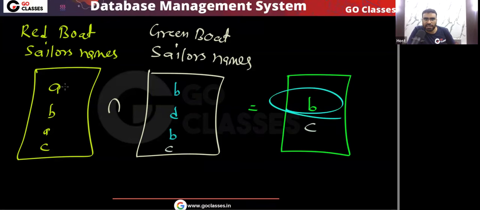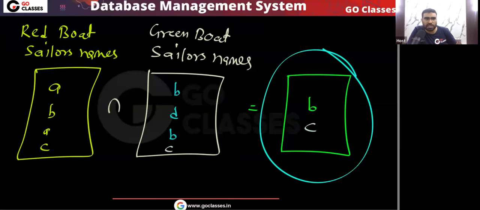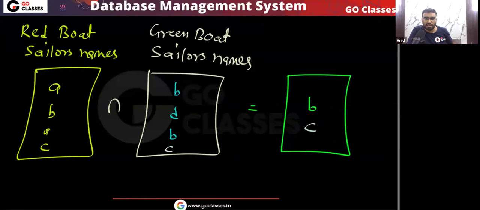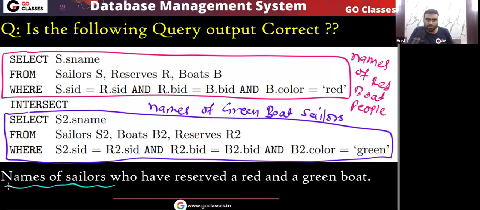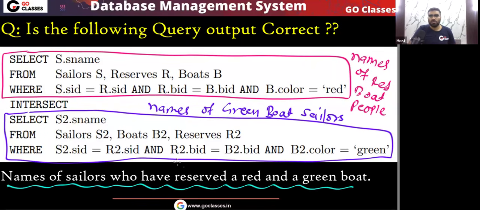This person is booking red and green. This person is booking red and green. So finally, I got names of those sellers who are booking red and green. Can I say names of sellers who are booking red and green? Is this correct? Let me know.